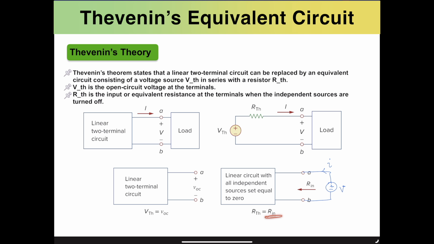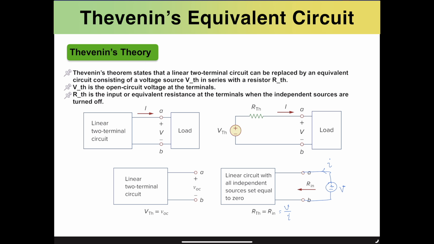So in order to find the internal resistance, it's simply Ohm's law, dividing V over I. So Rth is simply V divided by I. We can simplify by assuming that V is, for instance, 1 volt.